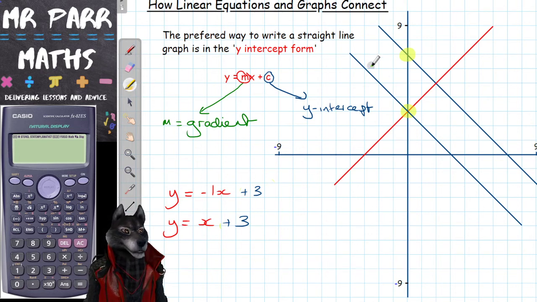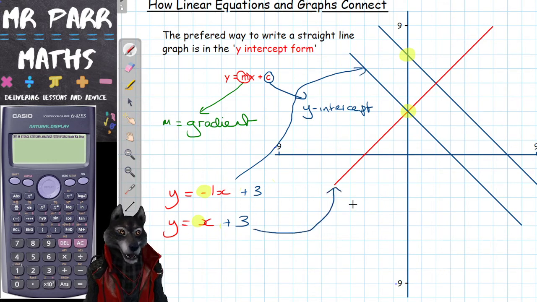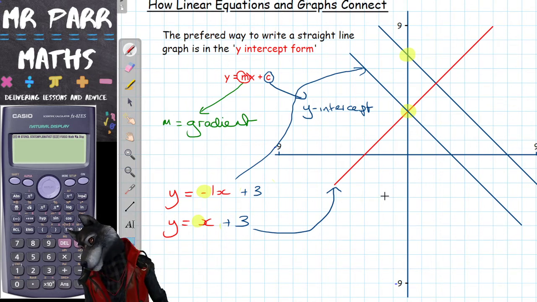Well, it's got to be the gradient because they're not the same steepness. One is going down, which we know means negative. Ah, there we go. And this one's positive. So therefore this top equation must be that blue line there. And this bottom equation must be that one there. So we could tell them apart by having positive and negative gradient.